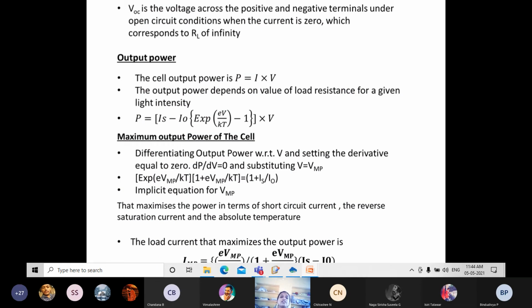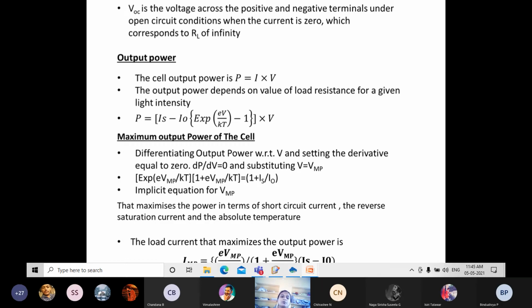VOC is the voltage across the positive and negative terminals under open circuit condition when the current is zero, which corresponds to RL being infinity. The resistance will be zero under short circuit and infinity under open circuit.